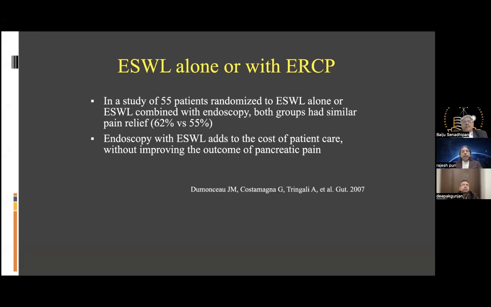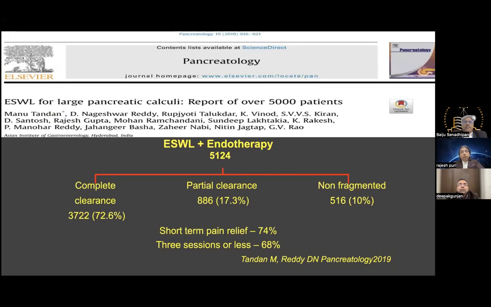This is a study of 55 patients randomized to ESWL alone versus ESWL with endoscopy, and they showed that in both groups the pain relief was similar. So there is no need to do an additional ERCP and increase the cost of treatment. If the stone is completely pulverized, more than 80% of the time the stone comes off on its own.